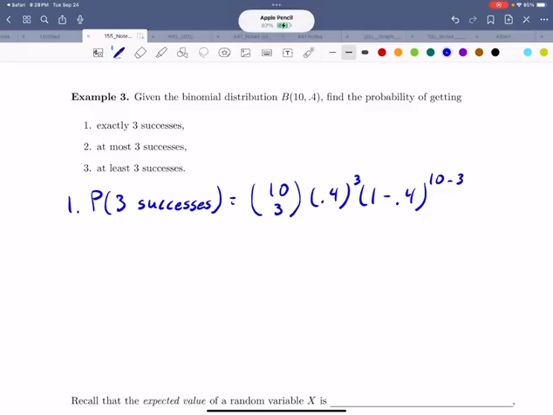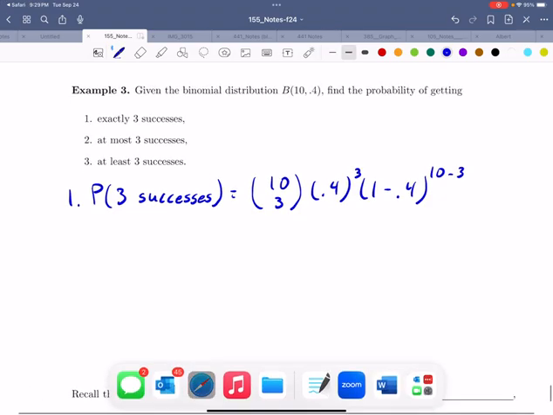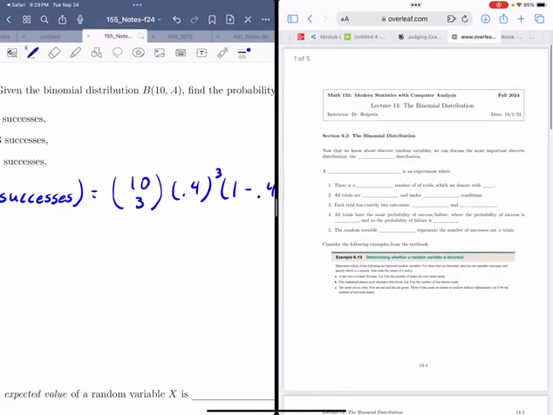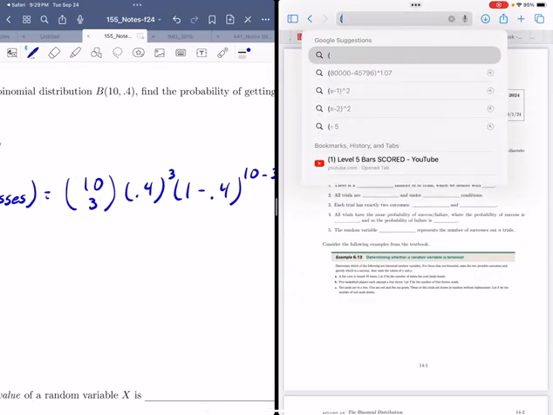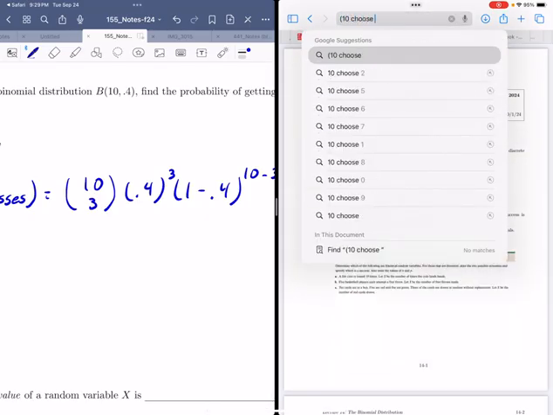Now, Google is actually a very nice calculator. I'm not really a big fan of you using Google during an assessment, but during class, you totally can, right? So let's see what we've got here. If we just do parentheses 10 choose 3, you can actually do that, and it'll know what you mean by that.